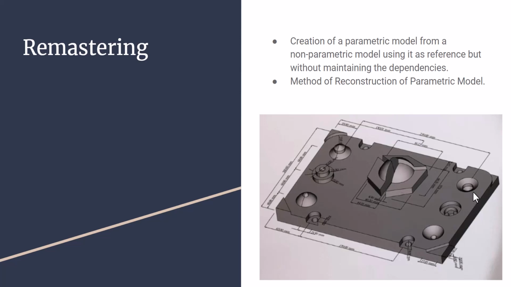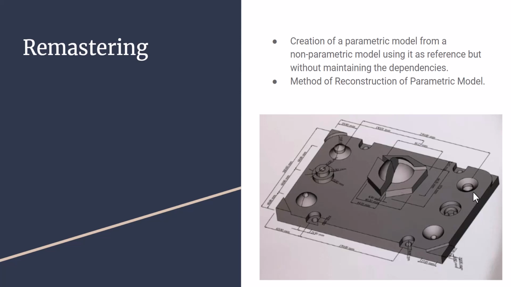Normally, we have the shape available, but we have no idea about the size. So from that non-parametric model where we have the shape, we measure, we analyze, or we project that shape and reconstruct the parametric model, but we don't want to maintain the dependencies between them.